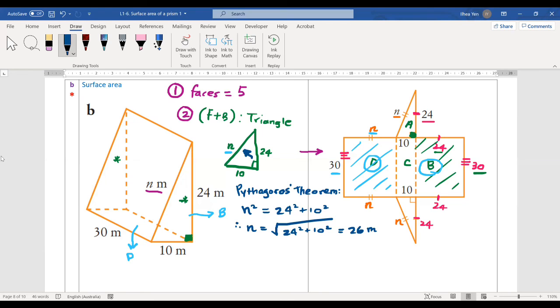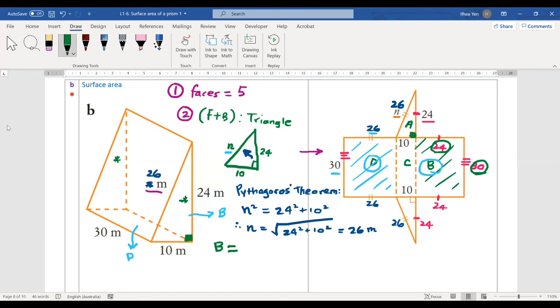Now I know that 26 is n, so we can replace it here, here, and here. So now I know that that's 26. Okay, now B is 24 times 30.